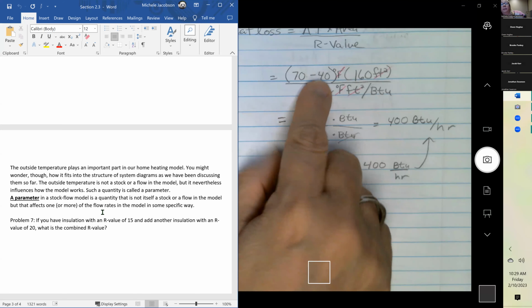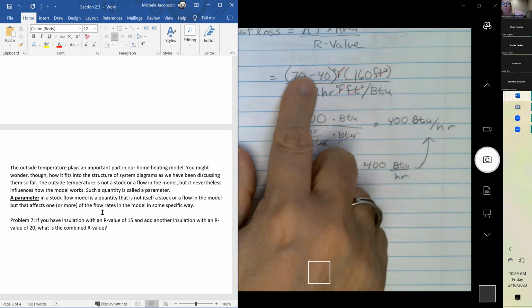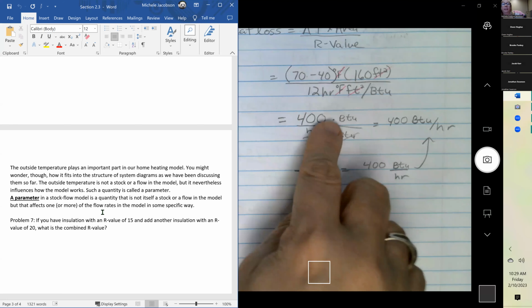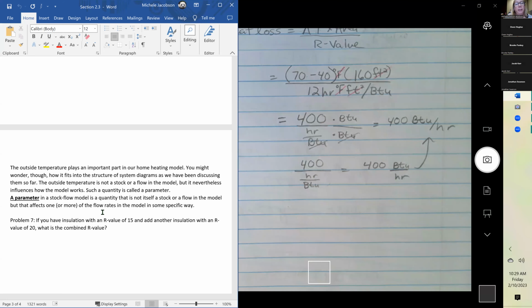Say this was 20 degrees outside. Then this would be 50 that we're multiplying in here, and that would make this a lot higher. So that outside temperature plays a large part, but it's not really a stock in the model.